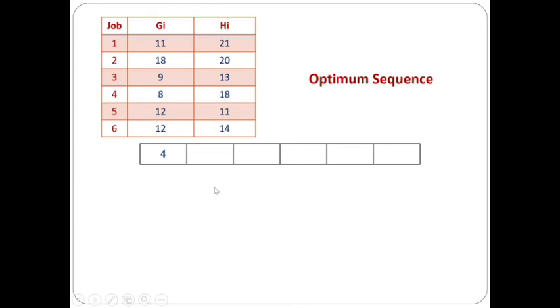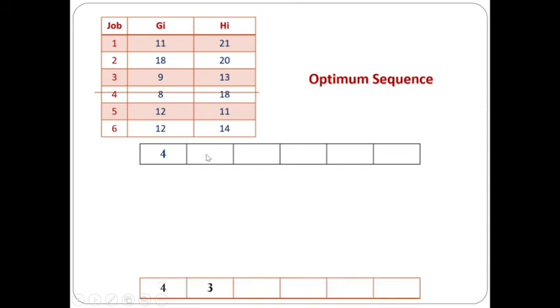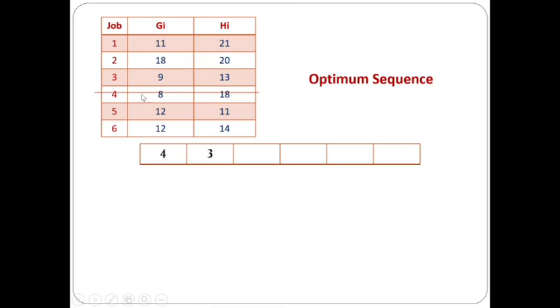Then, we cross off that job. Then, in the remaining matrix, the minimum is 9, which is also on the first machine. So, job number 3 should be scheduled in the first available position. Like this. And we cross it out. In the remaining matrix, we have 11.